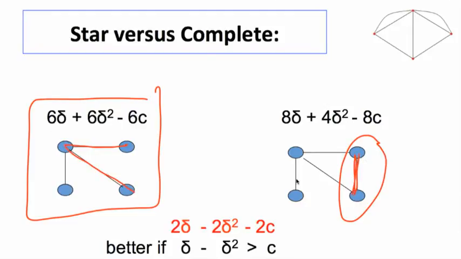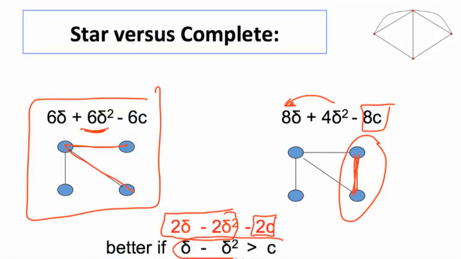So what we've done is we've moved some of the distance 2 things over to direct connections, but we've paid a couple of extra costs of maintaining links to do so. So we have more relationships, but more benefits because of that. And so the question is, when is it that this gain in having shorter distances outweighs the cost? And it's precisely when delta minus delta squared is bigger than c.